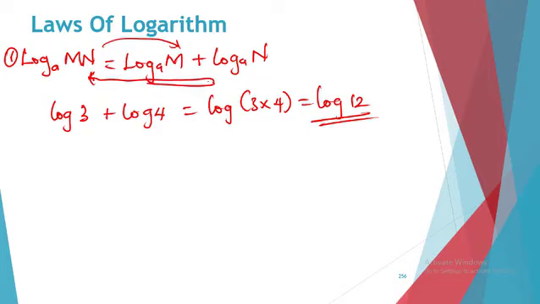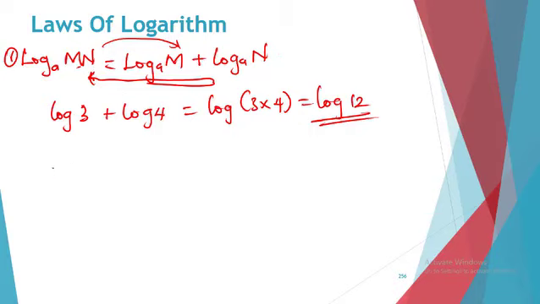So when we have log m base a plus log n base a, it's equal to log mn base a. mn here means multiplication. So when you're dealing with multiplication in logarithm, you apply addition. And when you're dealing with division, then you apply subtraction.